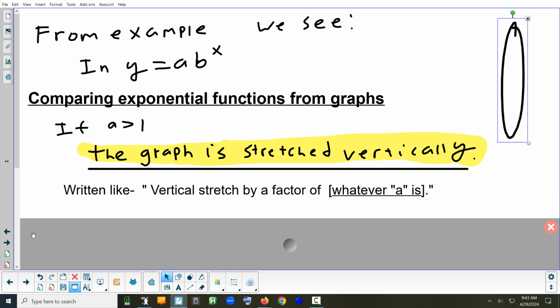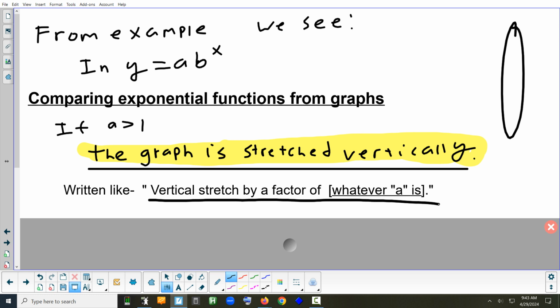All right, so how do you write that down? So where it says written like, you guys want to fill out the part that's underlined. Vertical stretch by a factor of, that part never changes. The part that changes is what you put right here. You need to fill in the number in the problem, okay, whatever number they give you. So let's say you have this one.